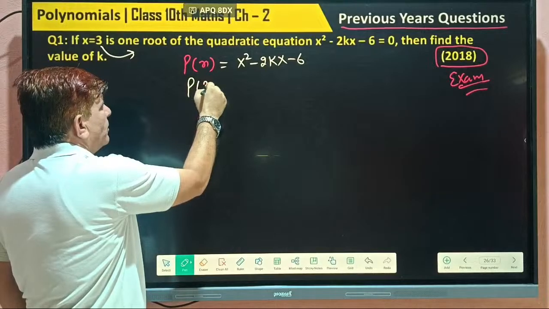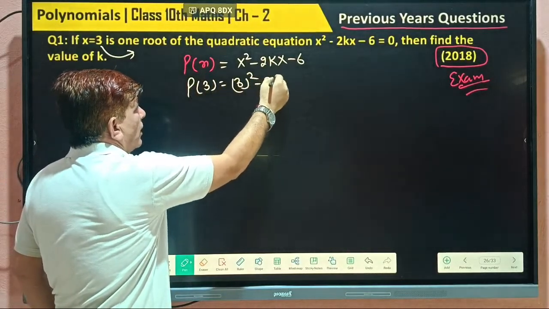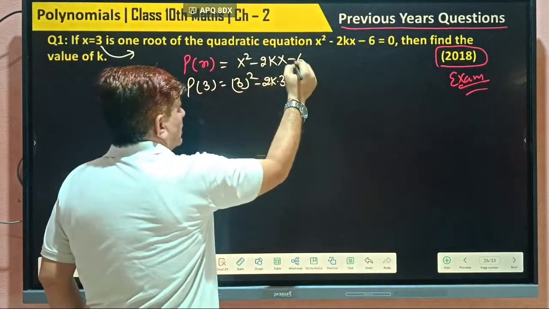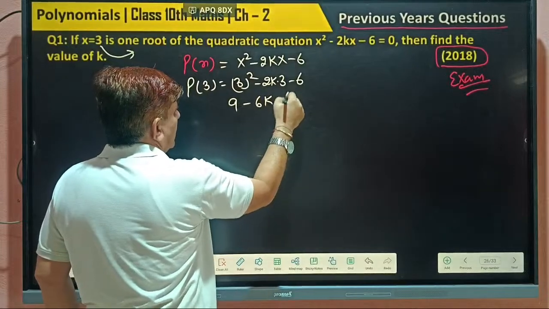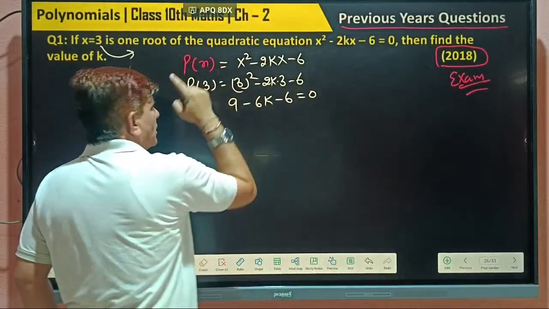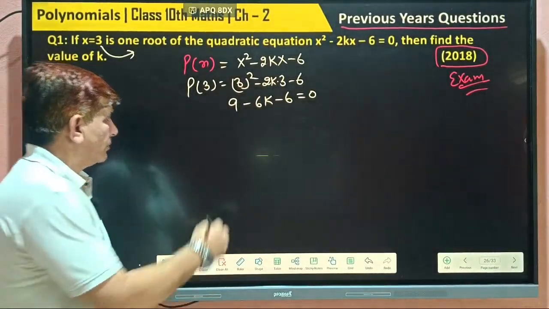So P of 3 equals 3 square minus 2k into 3 minus 6, so 9 minus 6k minus 6 equals 0. If 3 is a zero of it, this equals 0.